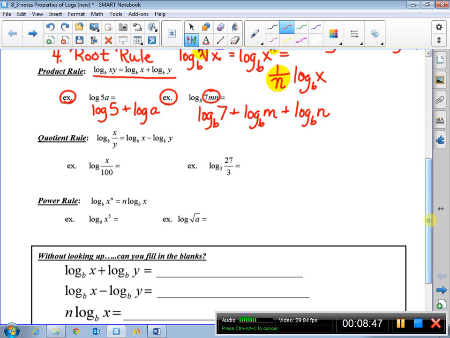All right, the quotient rule. A little reminder, if I'm dividing x by y, I subtract the separate logarithms. So this first example, log of x divided by 100 would be log of x minus log of 100. Now log of 100 is interesting. A couple things you'll learn as we go along the way here.